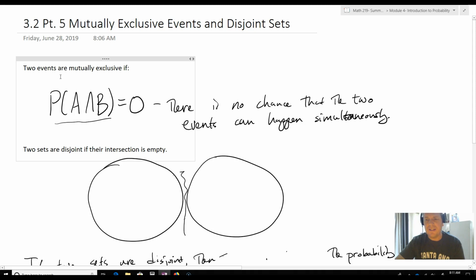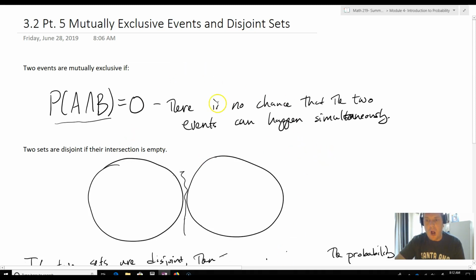And it also allows us to say that if two events are mutually exclusive, then the probability of their intersection equals 0. And then we have the upshot to know that if the probability of their intersection, A intersect B, is equal to 0, that means their intersection is empty. There's nothing in it. Okay?